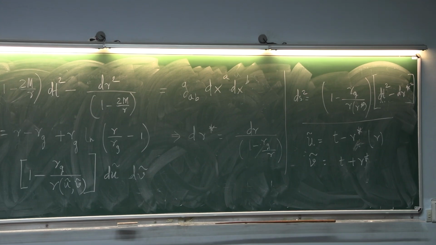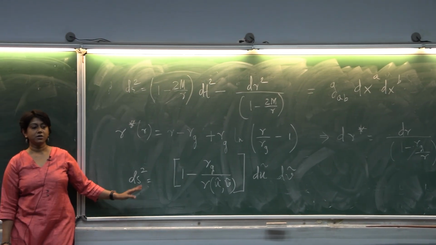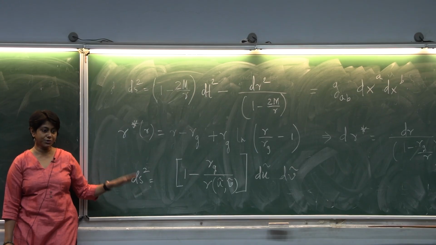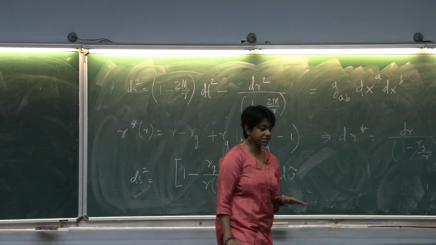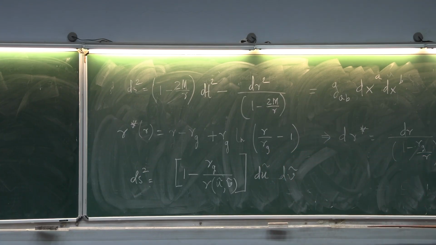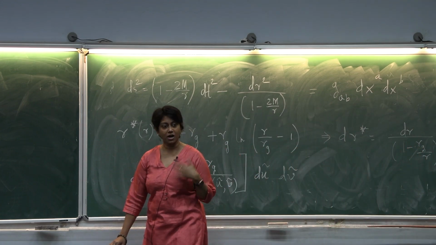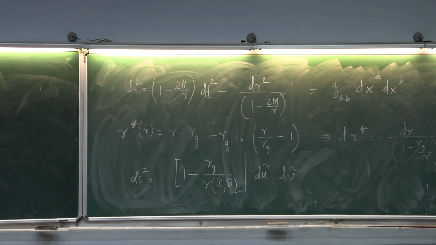So fellas, please remember this structure. This is my Schwarzschild spacetime in 2 dimensions written in terms of u tilde and v tilde, the null coordinates, or light cone coordinates, using the tortoise coordinate and the Schwarzschild time t and r star. I need this to develop the idea of the Boulware vacuum, and that's why I wanted to come over here.